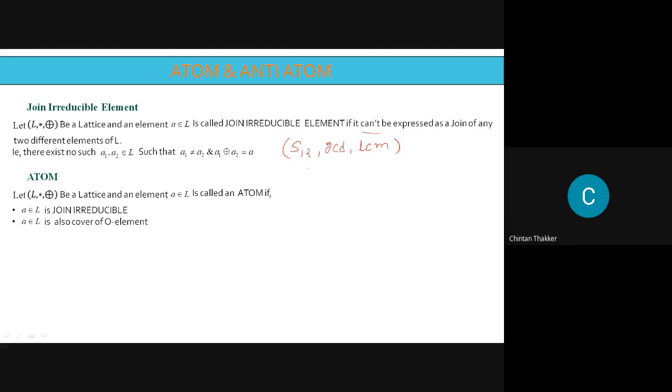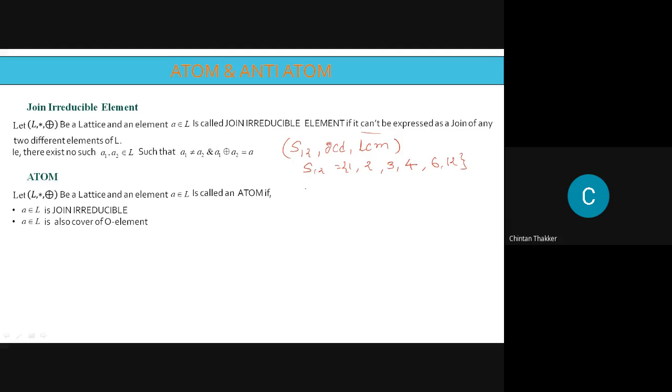Now here S12 has the elements 1, 2, 3, 4, 6 and 12.